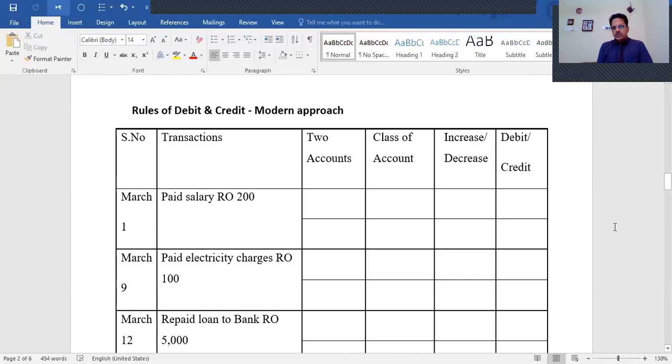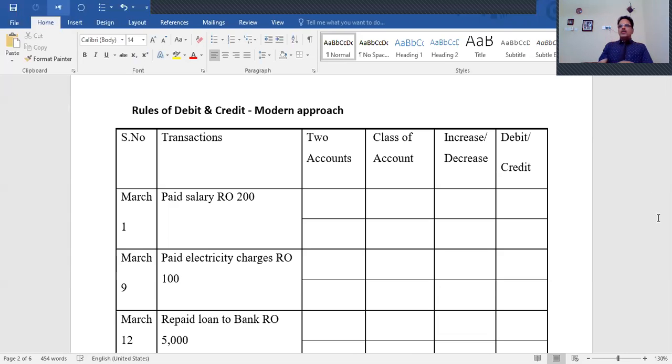In the modern or American approach, the total accounts are classified into 5 groups. It is better you always remember the same order: first asset, then expense, liabilities, equity or capital, and revenue or income. That's why I tell you to remember the same order: asset and expenses have the same rule.